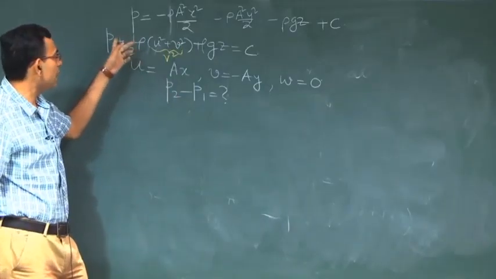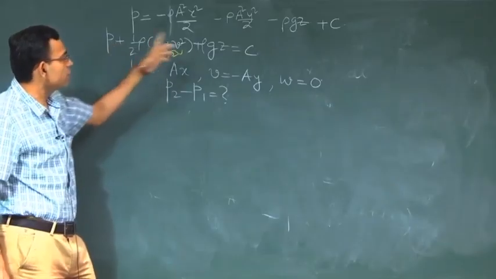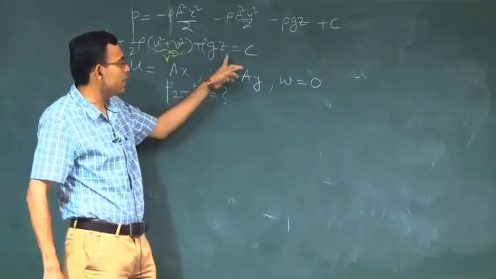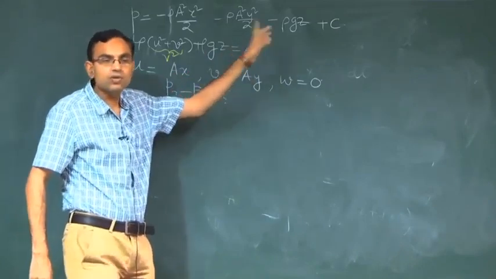So, you could clearly write P2 minus P1. So, you write P1 plus half rho V1 square plus rho g Z1 is equal to P2 plus half rho V2 square plus rho g Z2.